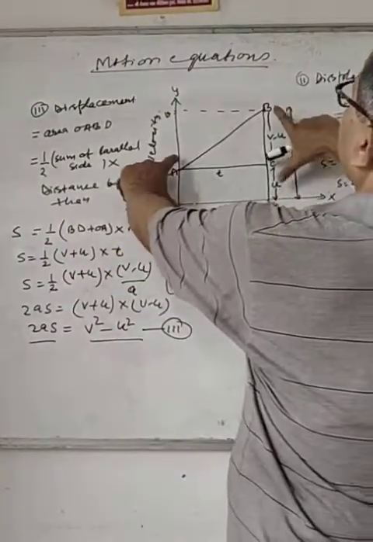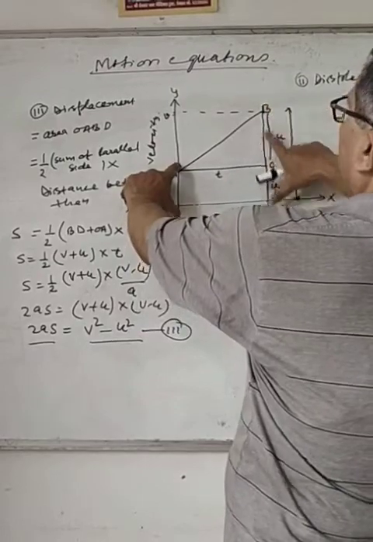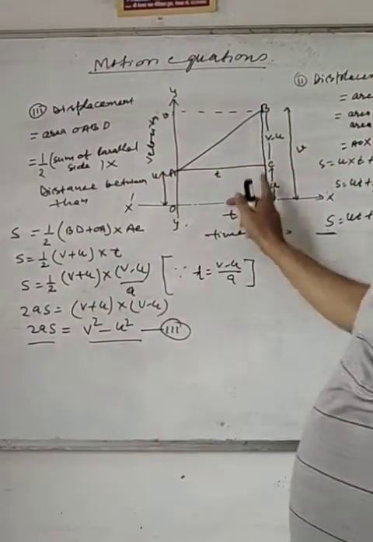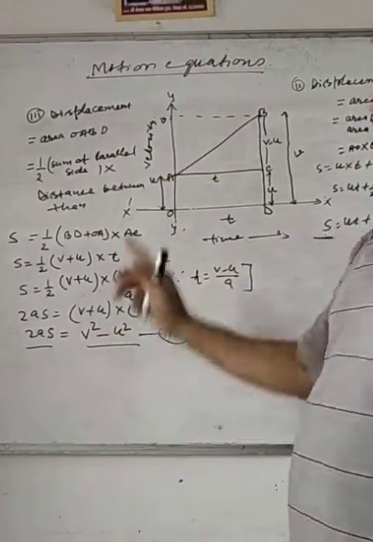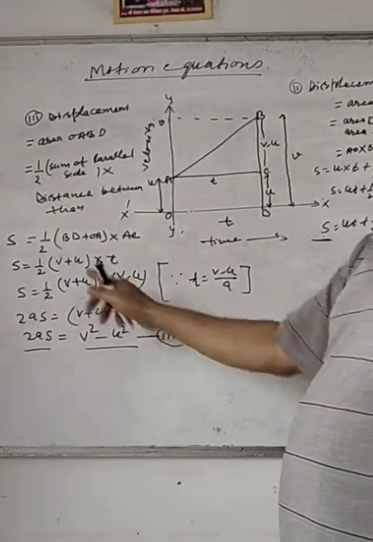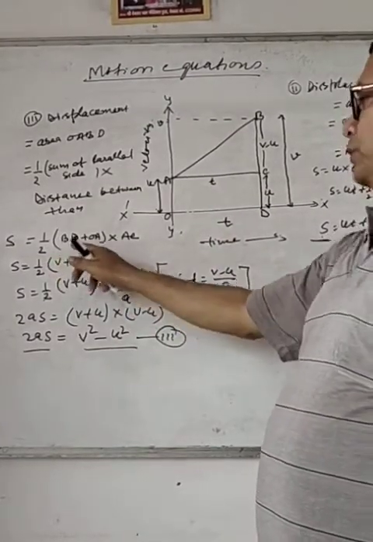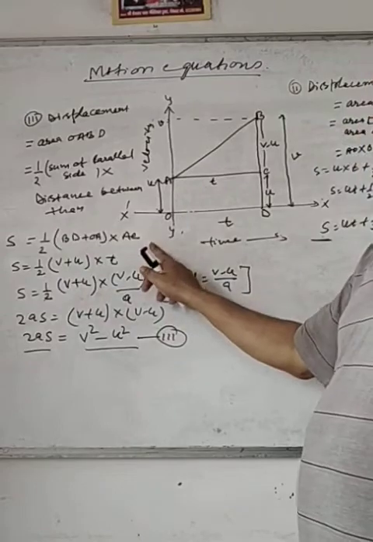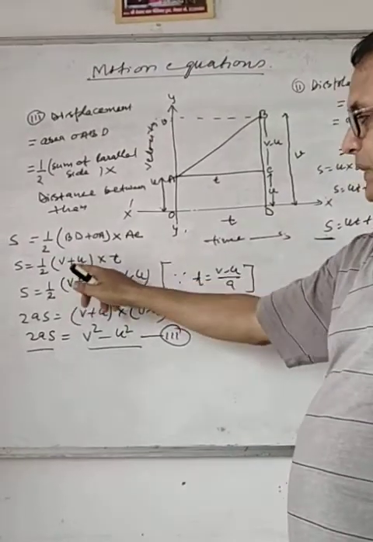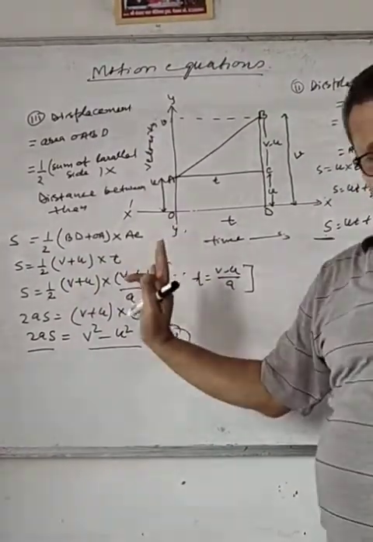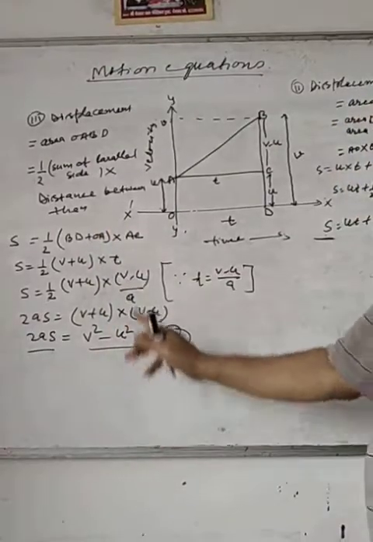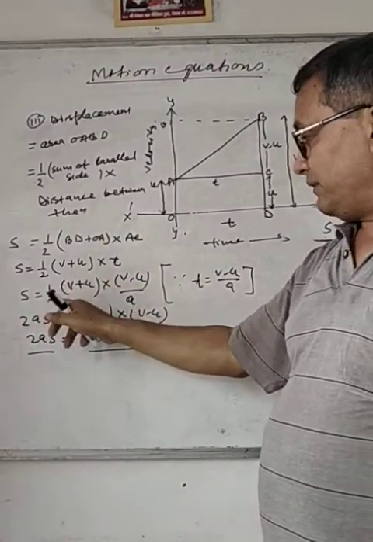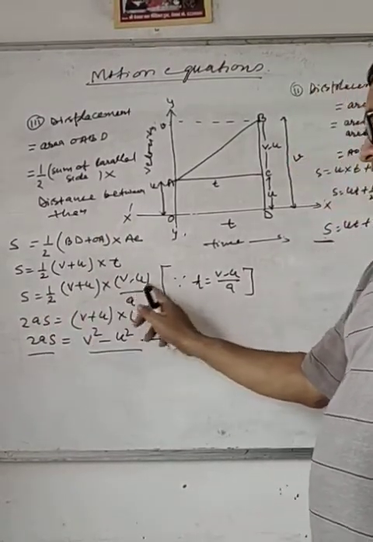Here the parallel sides OA and BD are the parallel sides, and AC is the distance between them, and BD plus OA into AC. Here value put as V plus U into T. Is it clear? And that is 1 by 2 V plus U, V minus U upon A.